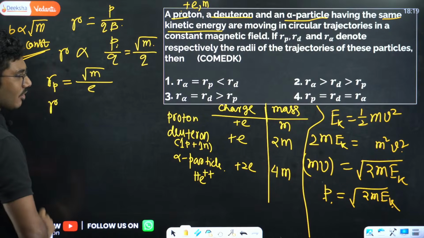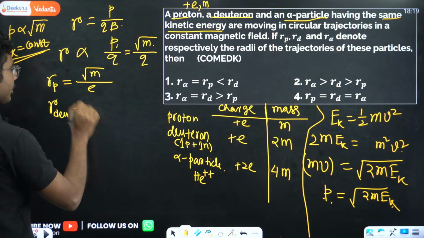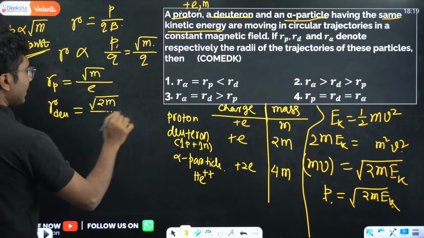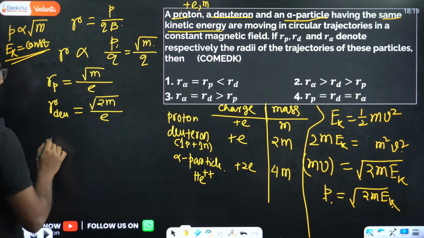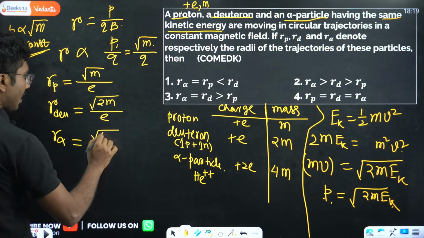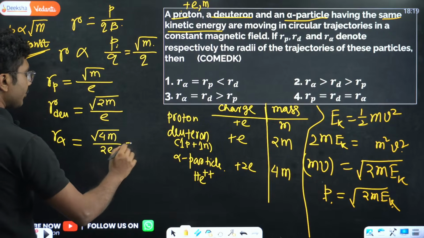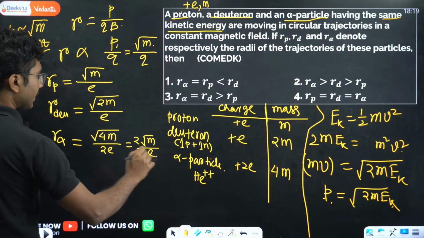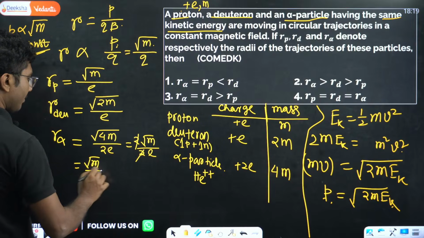Next, radius of deuteron. Here mass is twice of that, but charge is the same. And radius of alpha particle: mass is 4 times, charge is twice, so it will be 2 root m by 2e, the 2 cancels, and you get root m by e.